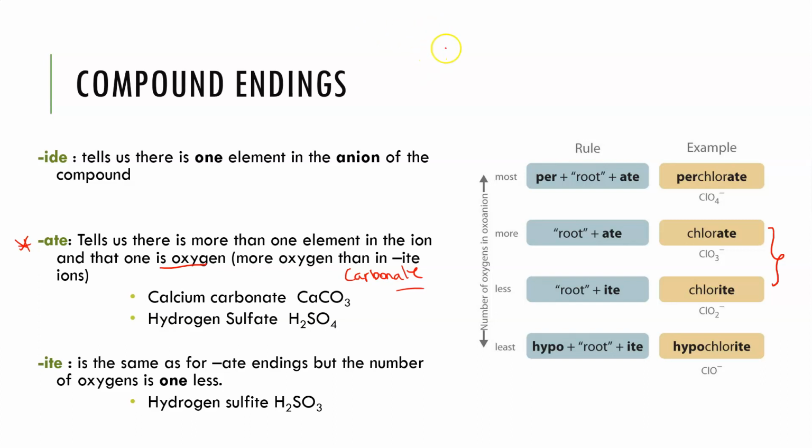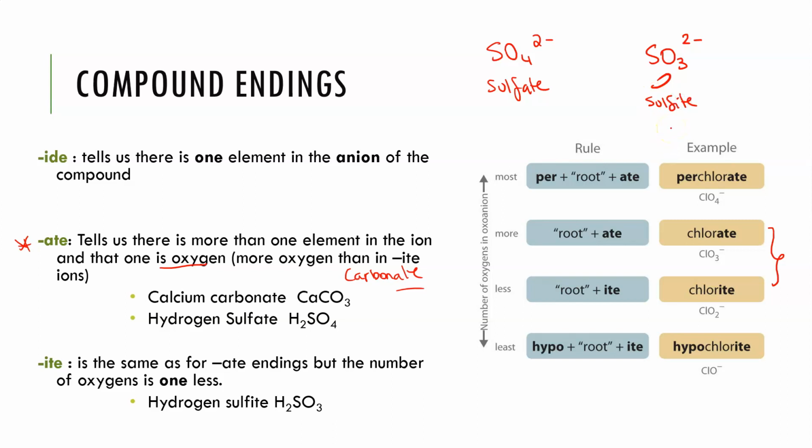If we talk about sulfate, the anion, SO4 2-, this is sulfate. When we talk about sulfite, it will be one less oxygen than sulfate, so SO3, but the charge remains the same. So this will be sulfite.